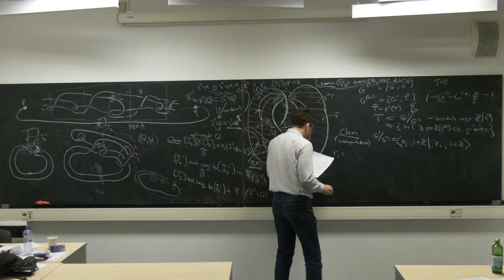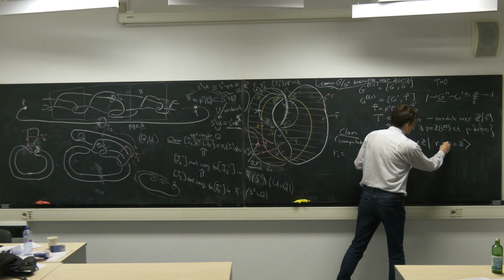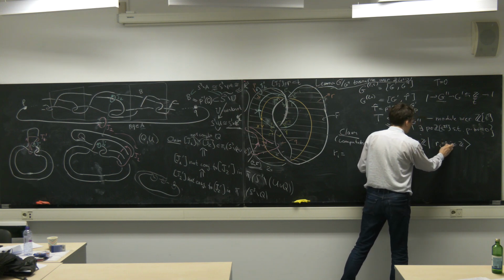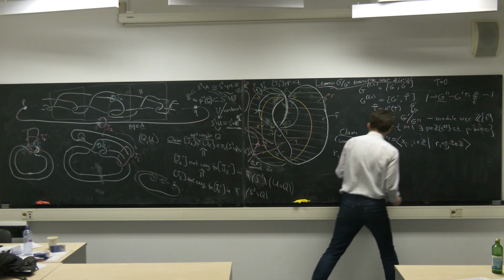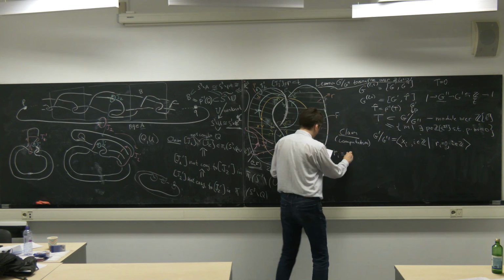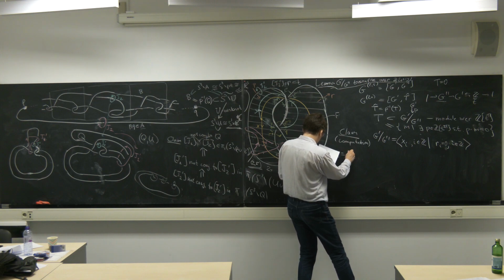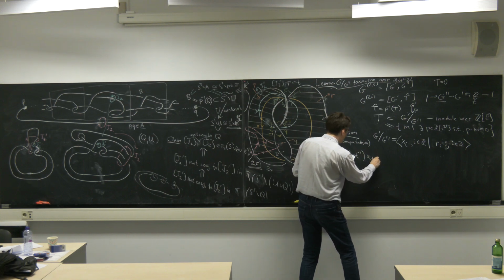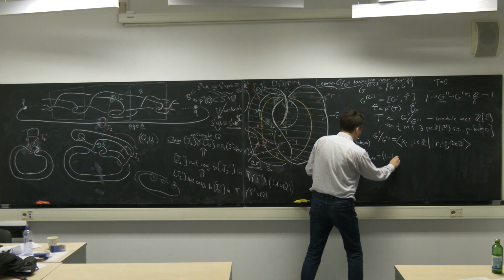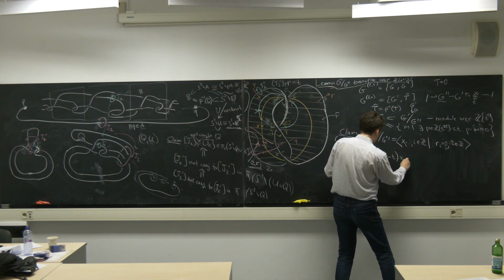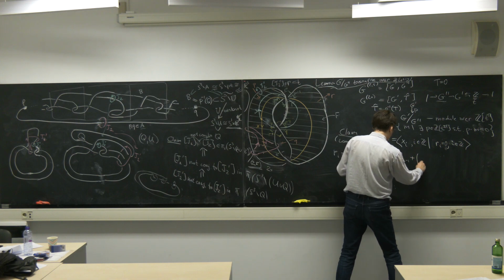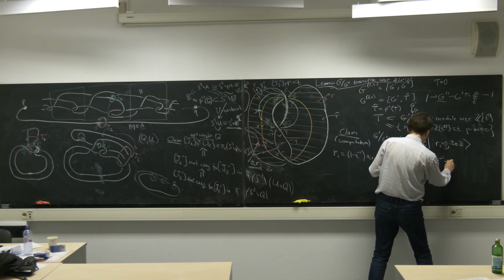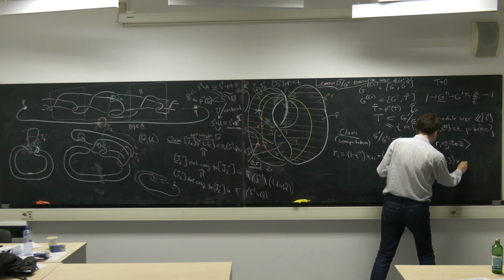Ri equals 0. So Ri is the following thing: 1 minus t inverse times x_{i+1}, plus 1 minus t times x_{i-1}, plus 2t plus 2t inverse minus 3 times x_i.